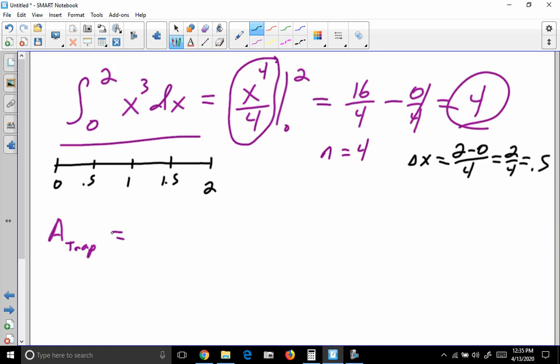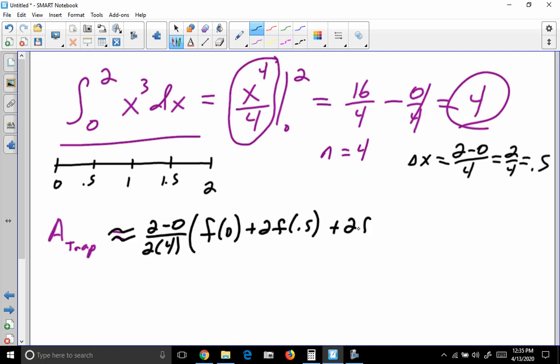So to get our area approximation using the trapezoidal rule, it's b minus a over 2 times n, and then it's going to be f at the left side, twice f at the next x value, twice f at the next x, twice f at the next one, and then this one on the right side, that base doesn't get used twice, so we just do that one once.